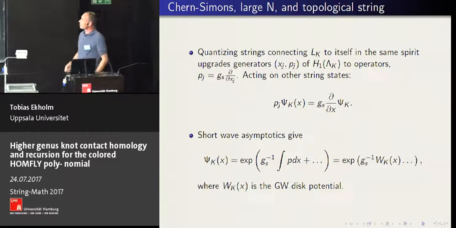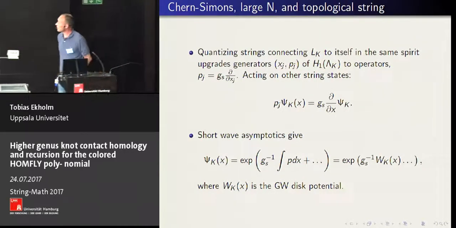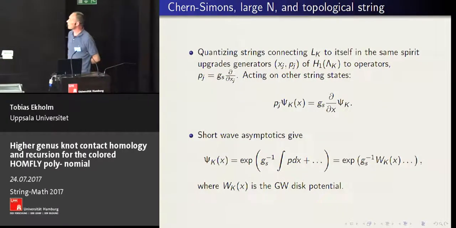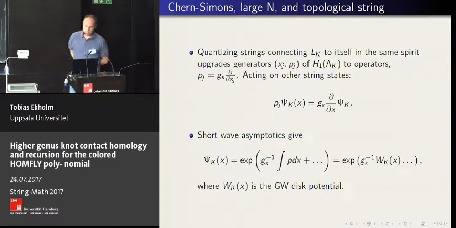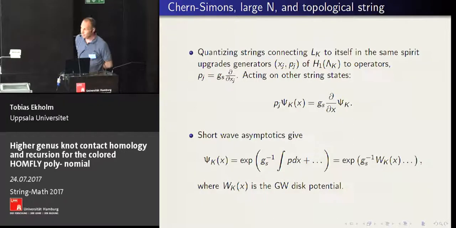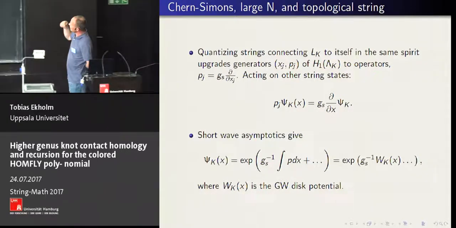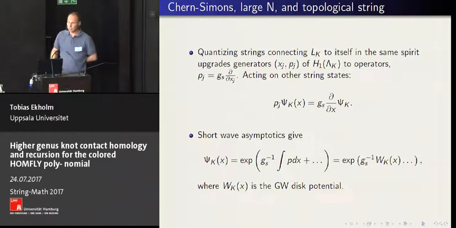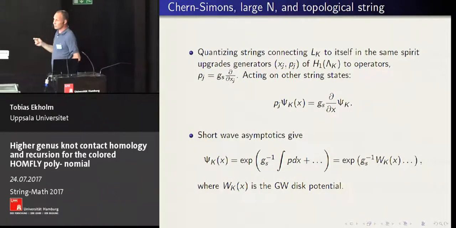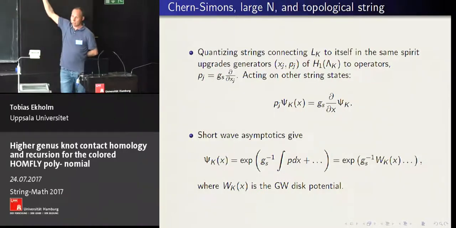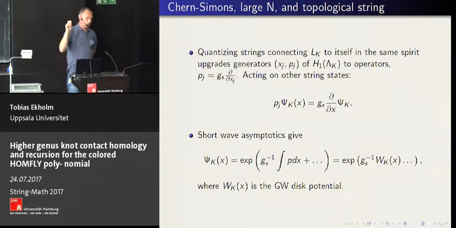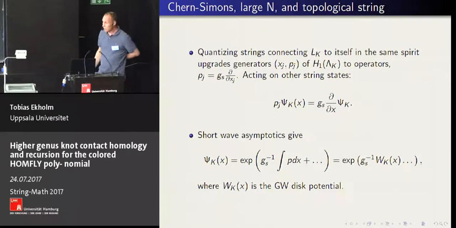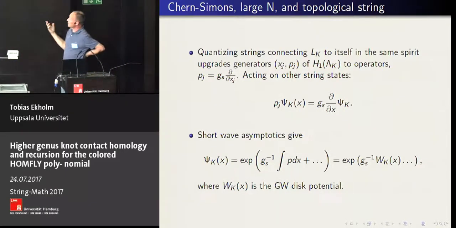Now, once we see this, then we can expand the wave function in the standard manner, and this gives us that the first term is exponentiated, but then it's just given by the integral of p dx. On the other hand, if we think of this exponent in the wave function as given by curve counts, then the corresponding genus parameter at this point is the value 1, so that means that we're counting holomorphic disks.